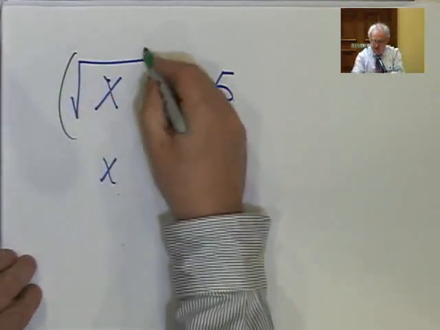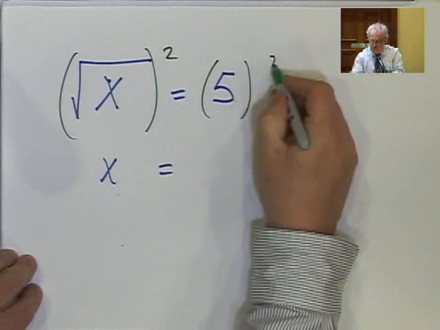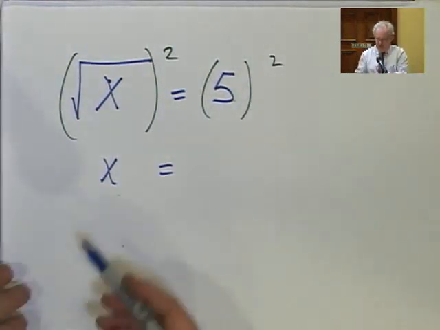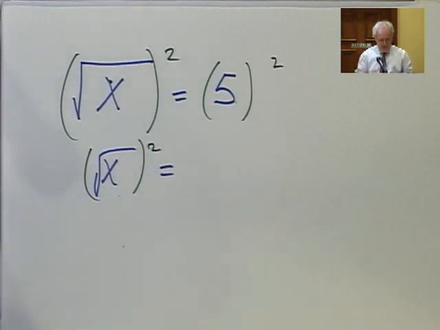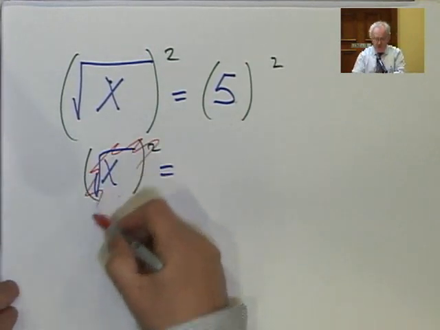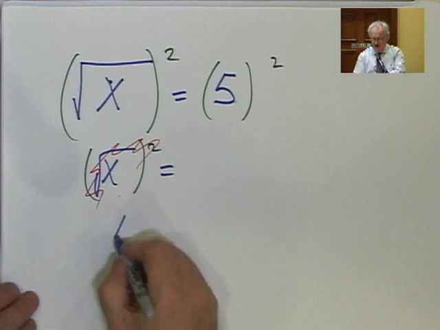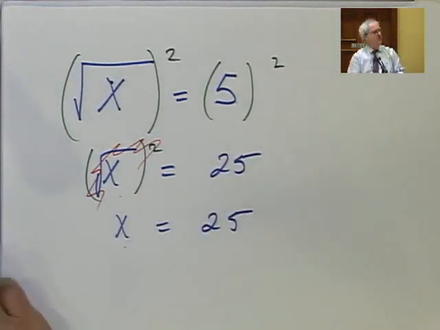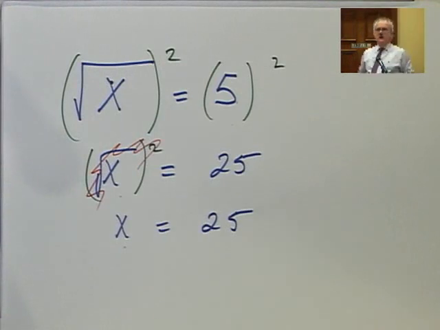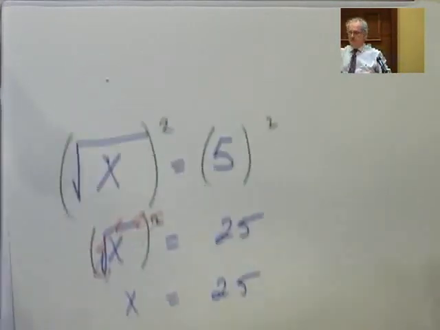Well, if I were to square this, and what's the square of a square root? Well, it gets rid of it, doesn't it? I just have x equals 25. So what we're seeing basically are paired operators. Is that okay?